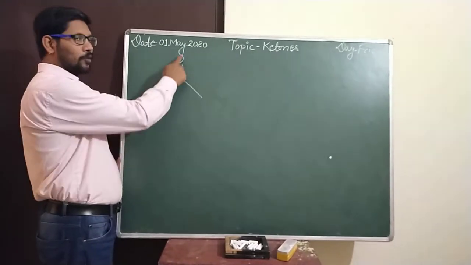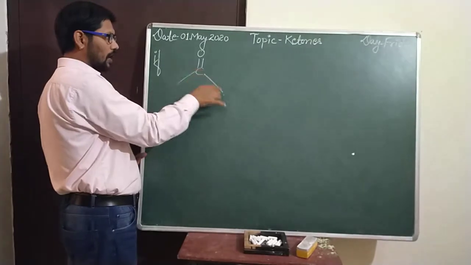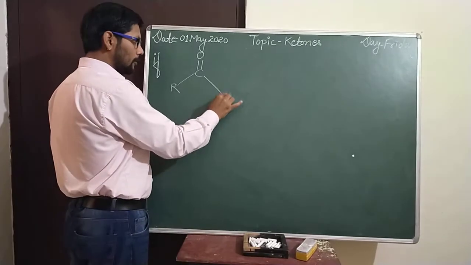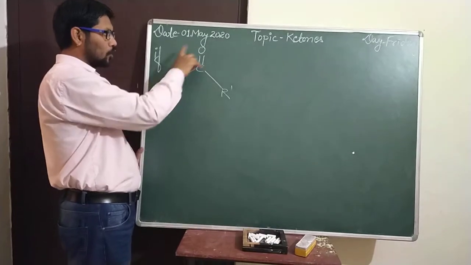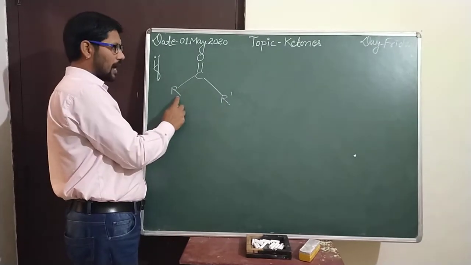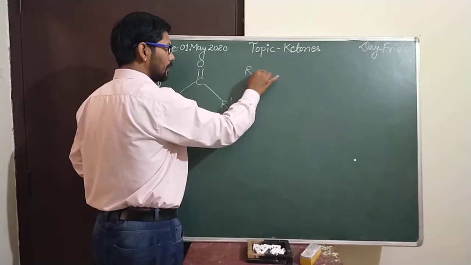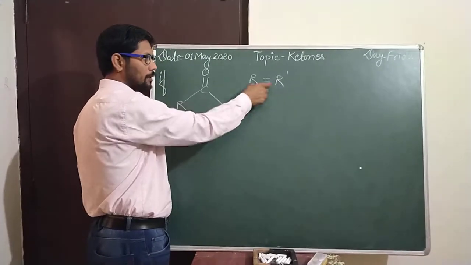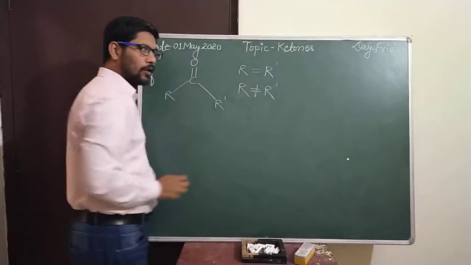In carbonyl groups, if two valencies of carbon are satisfied with two alkyl groups R and R dash, here R and R dash can be equal, meaning both alkyl groups are equal, or both alkyl groups cannot be equal.